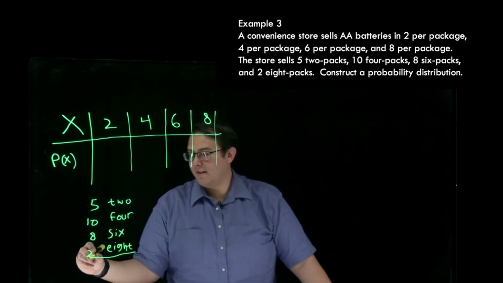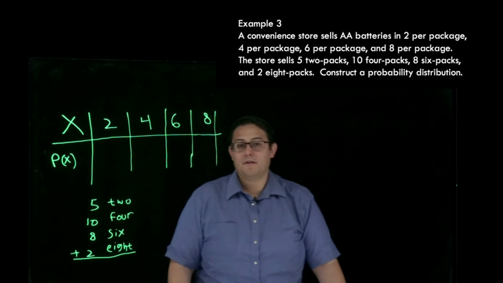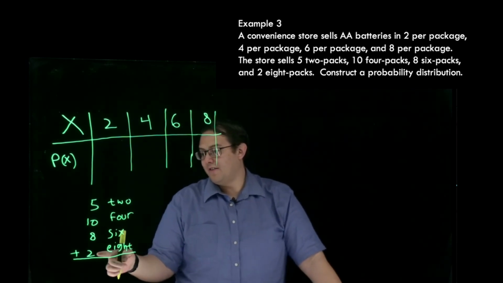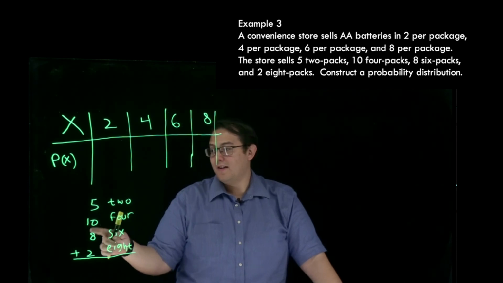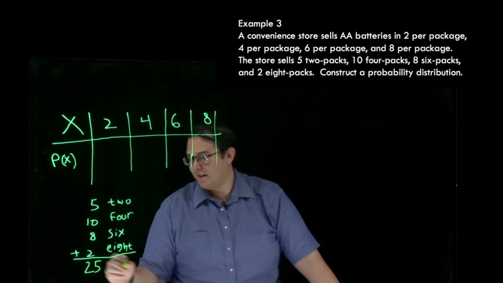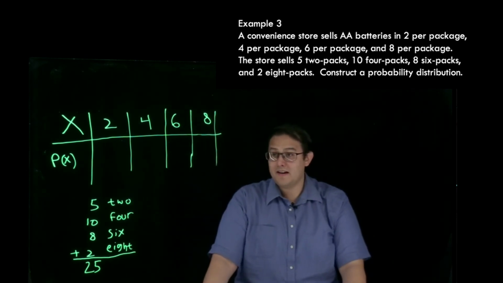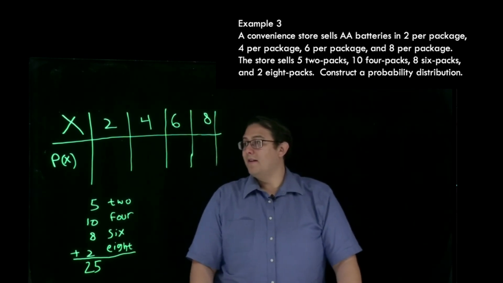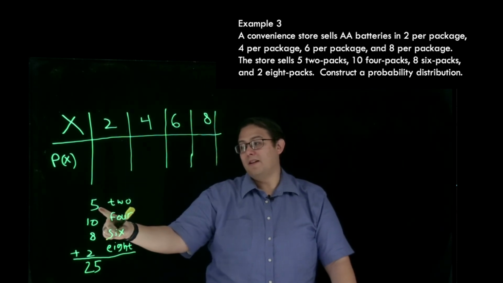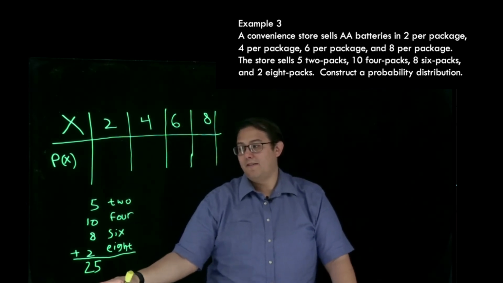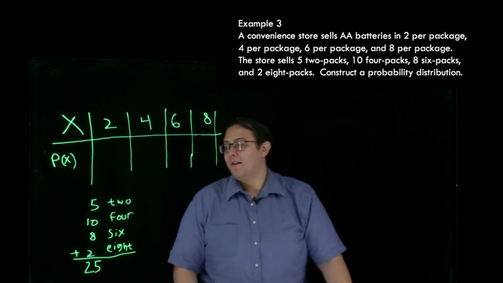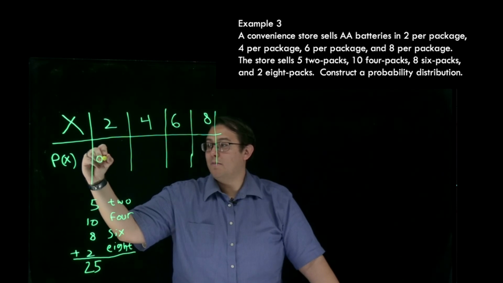And then we're going to add these up to see the total number of packs that we sold. If we add this up, you get 8 plus 2 is 10, 10 plus 10 is 20, 20 plus 5 is 25. So in total, we sold 25 packs. So if I want to know the probability that we sold a 2-pack, well, we sold 5 of those out of the 25. So we get 5 out of 25. If you punch that into your calculator, you're going to get 0.20.